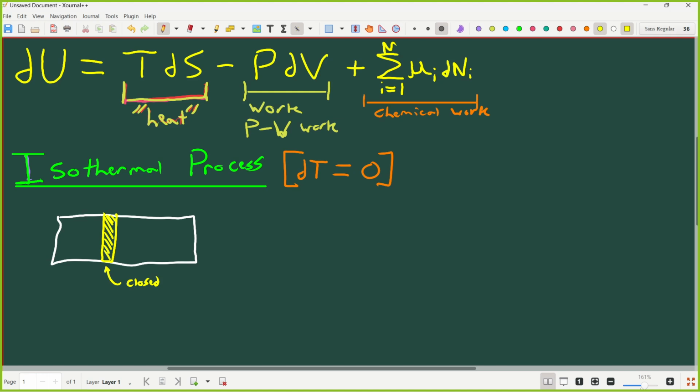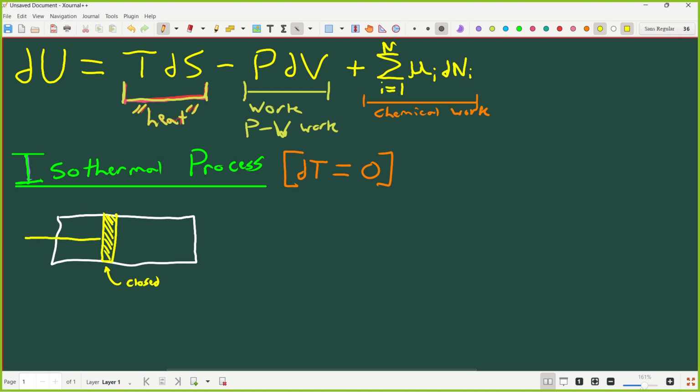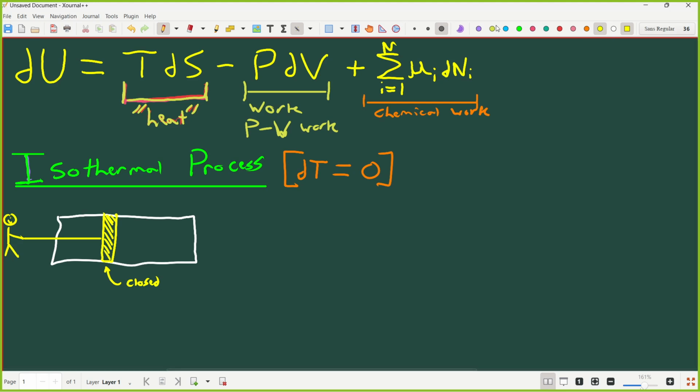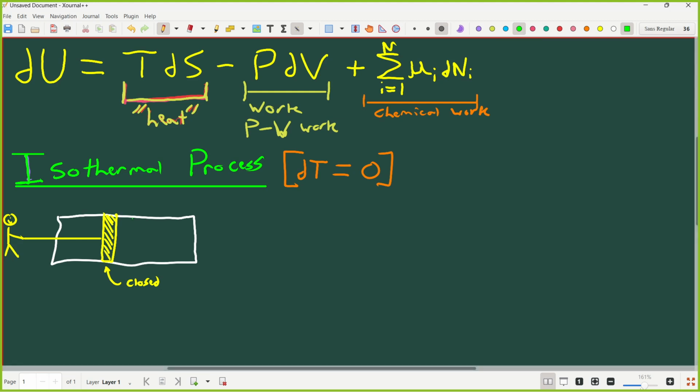All right, and the piston's adjustable. There's a little dude over here. I'll give him a smile. He can push and pull this piston, and it's sealed to the environment, but the important thing is that the walls of the cylinder are diathermal. You can exchange heat.